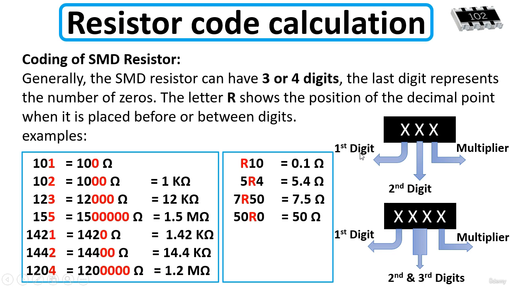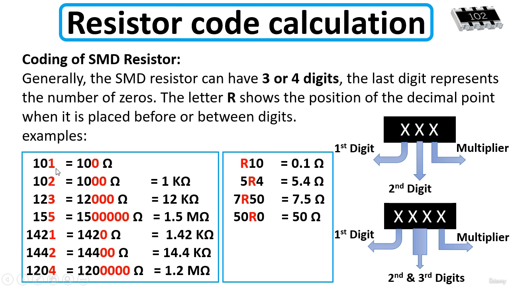Here we have the first digit, the second digit, and the multiplier. Here the first, second and third digits are fixed, and the fourth is the multiplier. So let's see some examples.